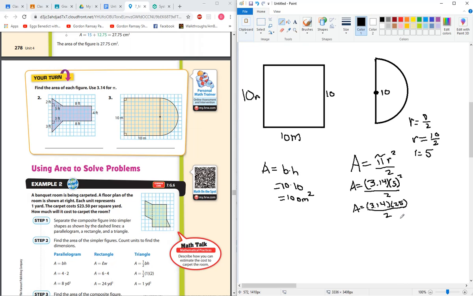So let's work out 3.14 times 25. 5 times 4 is 20, carry the 2. 5 times 1 is 5, carry plus 2 is 7. 5 times 3 is 15. Carry the 0, start a new row. 2 times 4 is 8. 2 times 1 is 2.